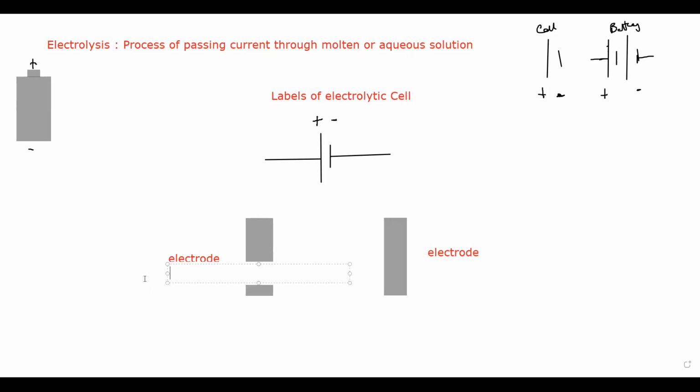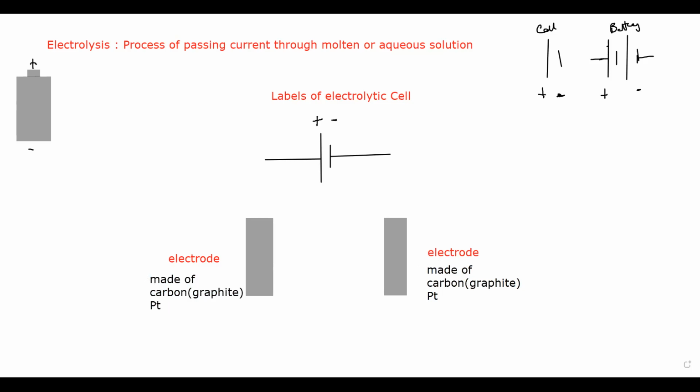Either graphite, carbon, or platinum, written in short as Pt. Pt is the symbol for platinum. So both electrodes are made of either carbon, which is graphite, or platinum.